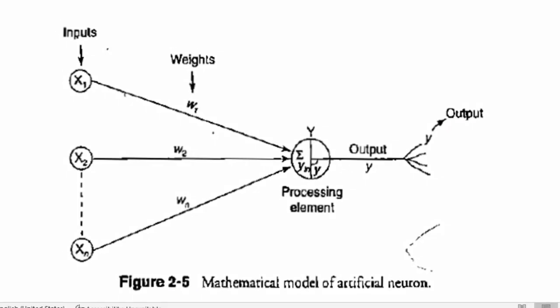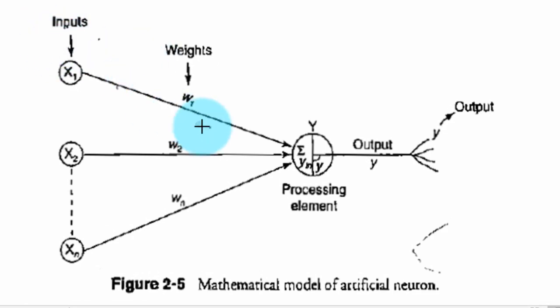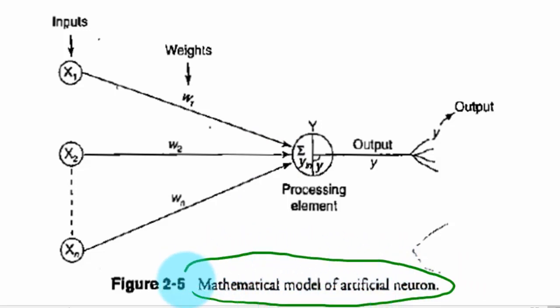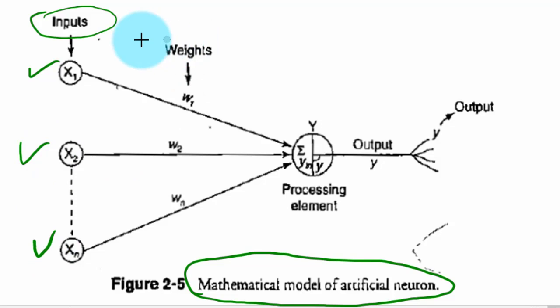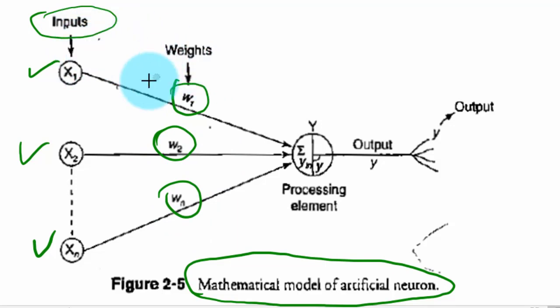I hope you understand. This diagram shows the basic mathematical model of an artificial neuron. In this we have a set of inputs x1, x2 till xn. All the inputs are connected with the output node with connections, that is your weights. All this information is given to the neural network, that is a processing element, the neuron.